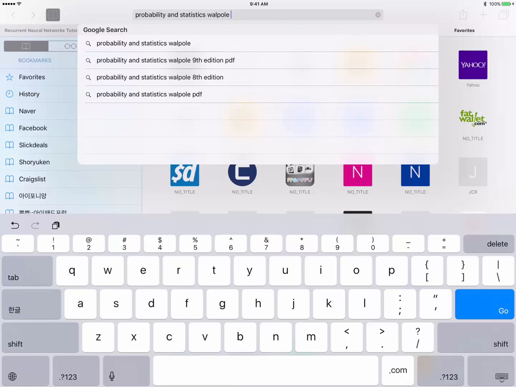That's called autocomplete. And then this other thing: even though I just typed probability and statistics and Walpole, it automatically expands your query so that you can clarify your information needs. These are different paths of your different information needs.